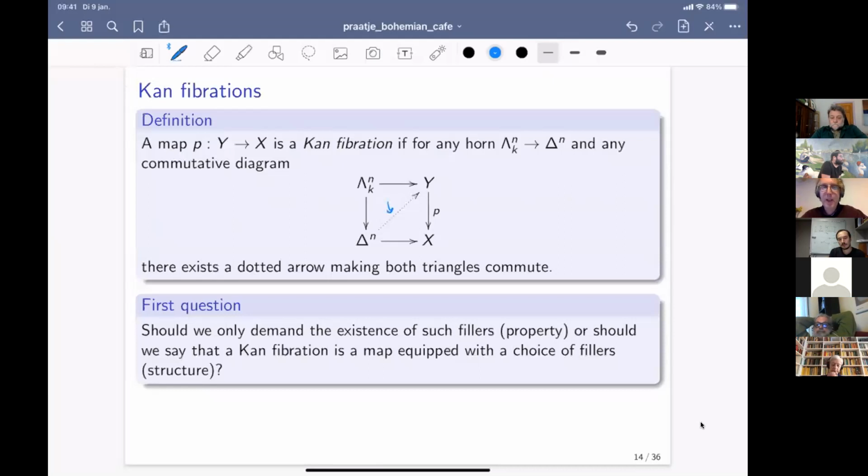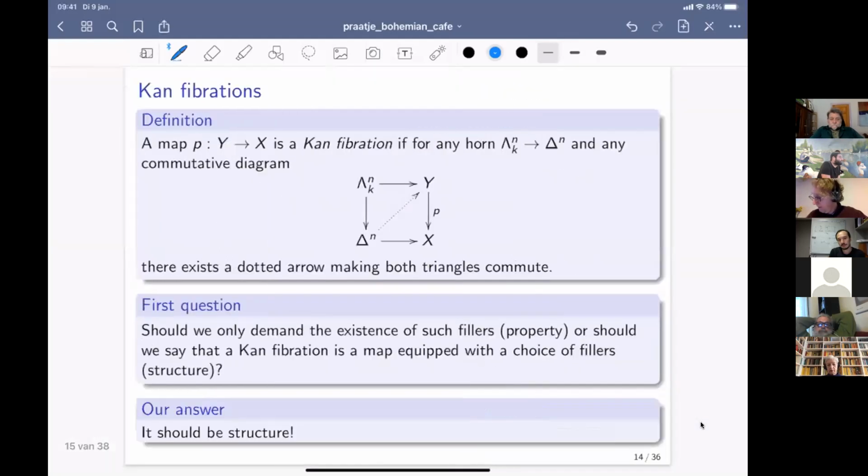I think from a constructive point of view, it is indeed a better idea to have this as a structure. So it's not just a map of simplicial sets, but a map together with an explicit choice of such a filler for each such lifting problem.